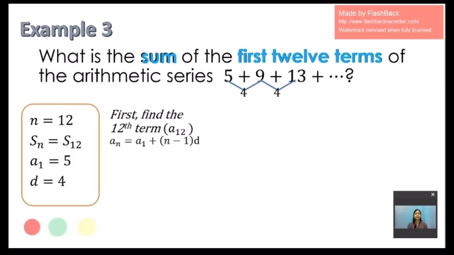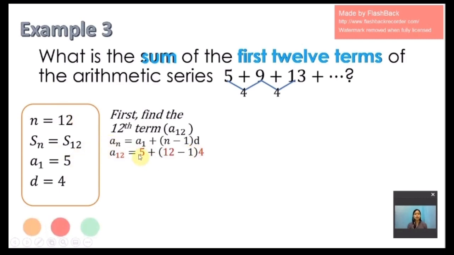To find the 12th term, let us recall the discussion that we had about arithmetic sequence. This is the formula for finding the nth term: a sub n is equal to a sub 1 plus the quantity of n minus 1 times d.